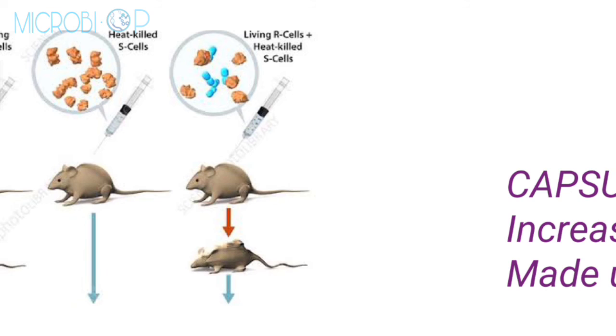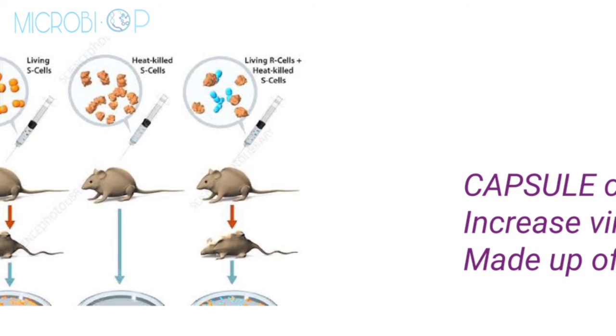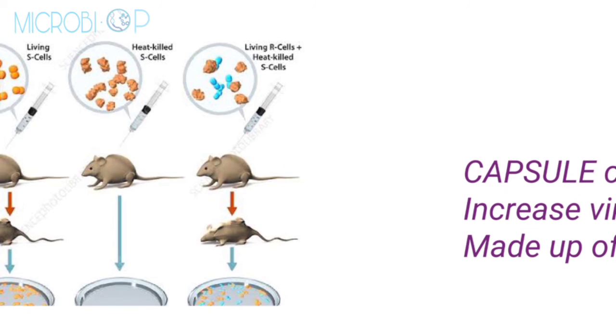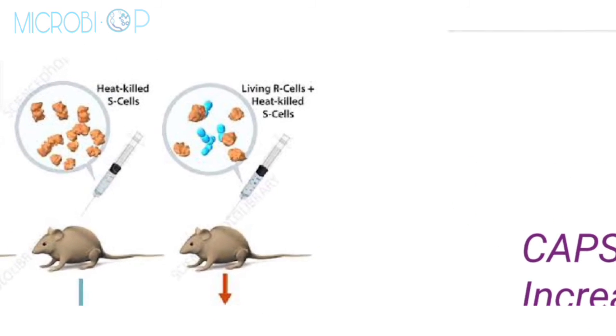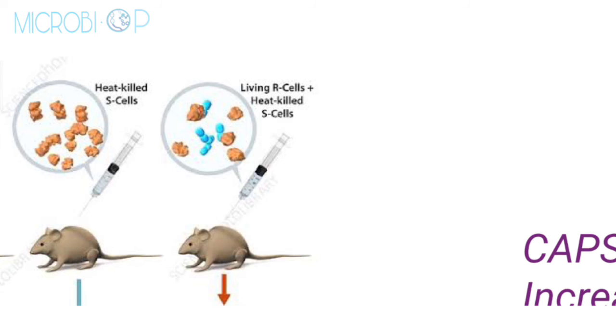Both were non-pathogenic to the mouse when injected individually. So this was the basis of the discovery, or demonstration, of transformation. This was because the heat killed S cells had some factor which transformed the R cells.